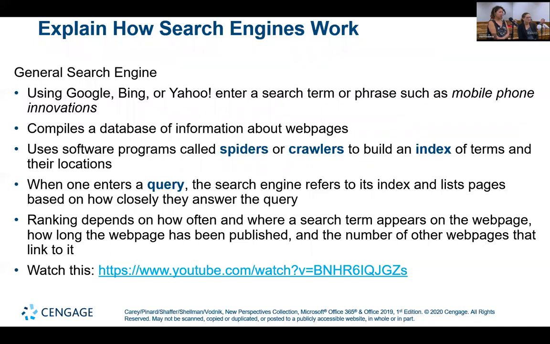So now you have something that already has an index basically of all of those databases that are out there. When one enters a query, which would be the mobile phone innovations, the search engine refers to its index and lists pages based on how closely they answer the query. Ranking depends on how often and where search terms appear on the web page, how long the web page has been published, and the number of other web pages that link to it.